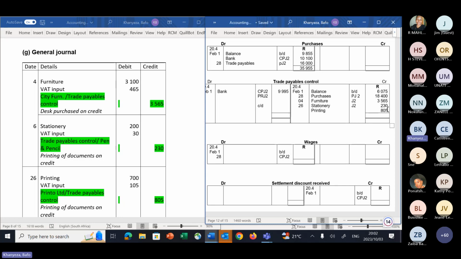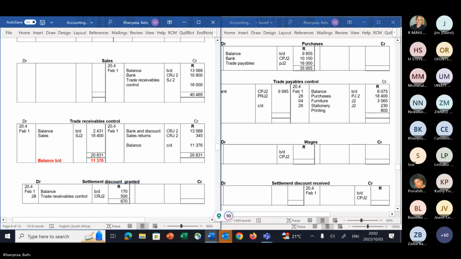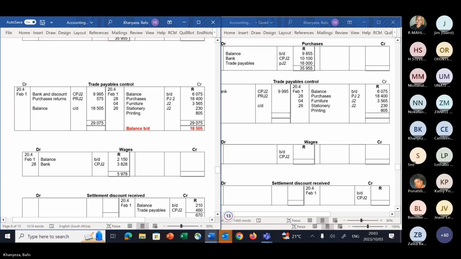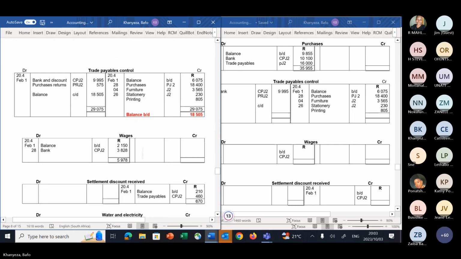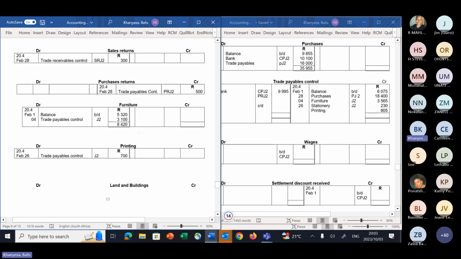But then we also have purchases returns, the same way we had sales returns. Let's look at purchases returns, because purchases returns reduce your creditors.